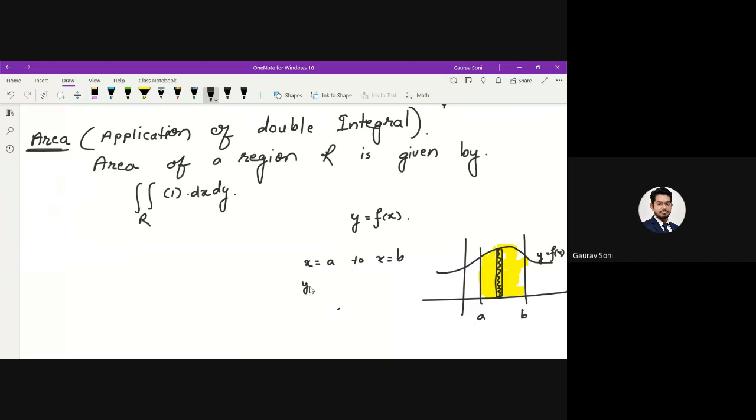What is the value of y? What is the lower end of your strip? 0. 0 to f of x. So I is equal to a to b, y is running from 0 to f of x, dy dx.